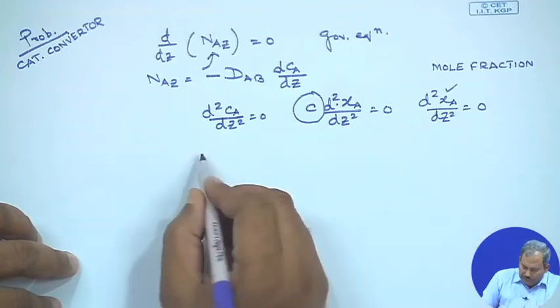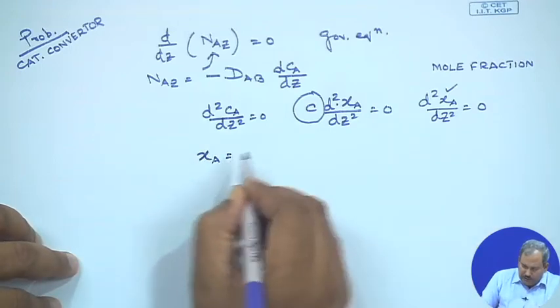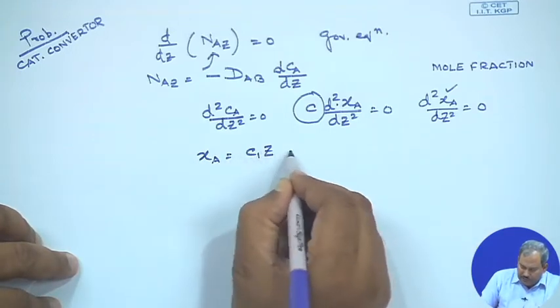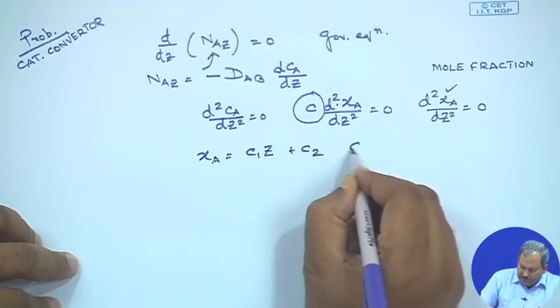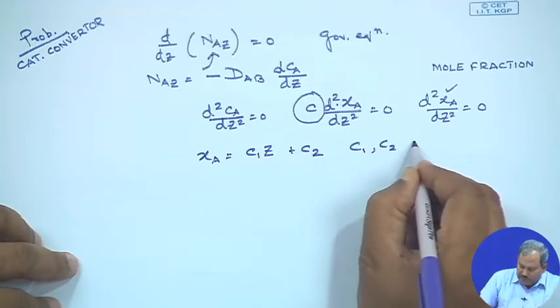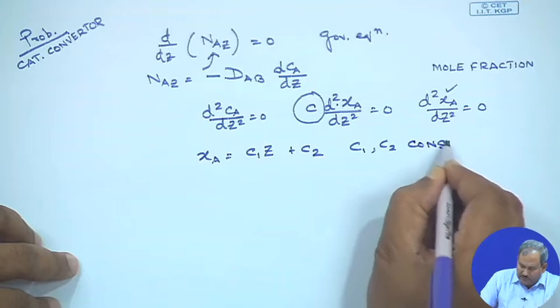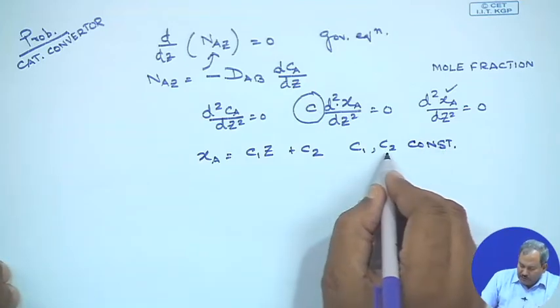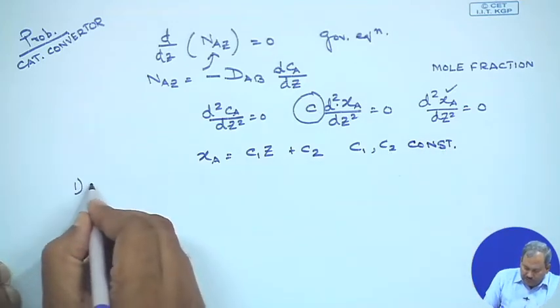So, once you solve this, you get a linear distribution of XA in terms of z, and C1, C2 etc. are constants, the constants of integration, which are to be evaluated through the use of boundary conditions.